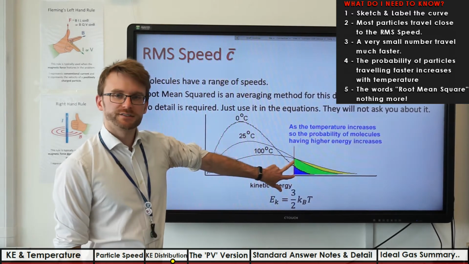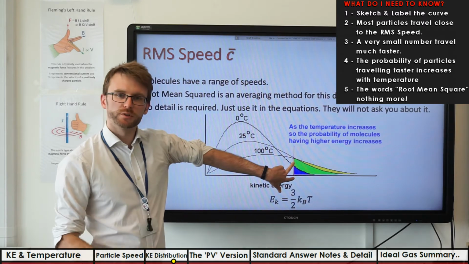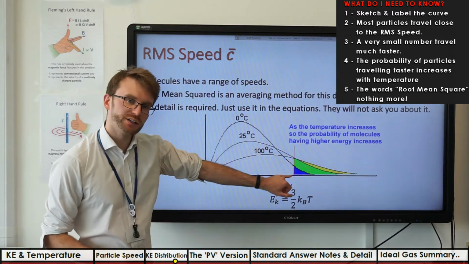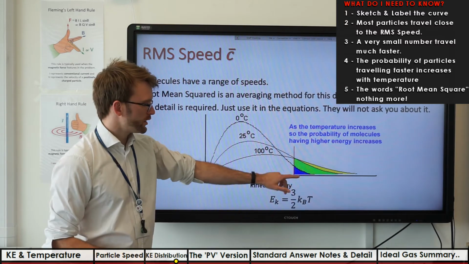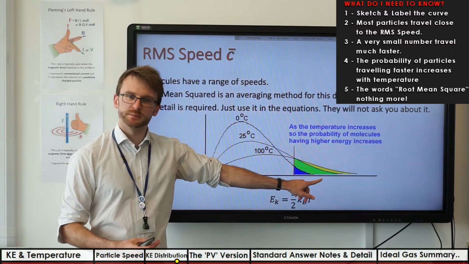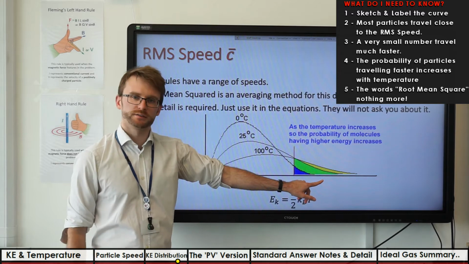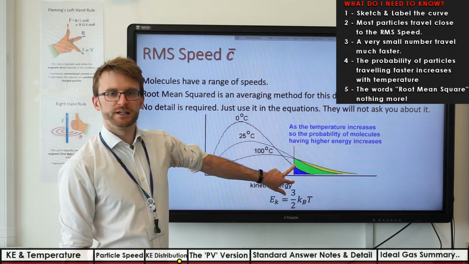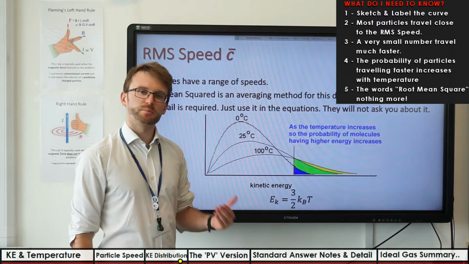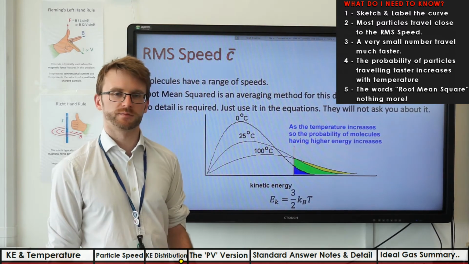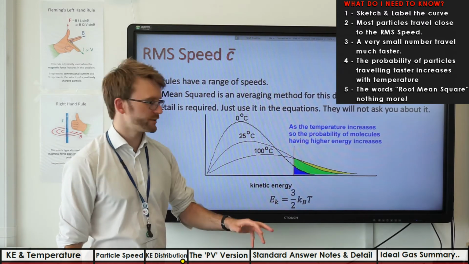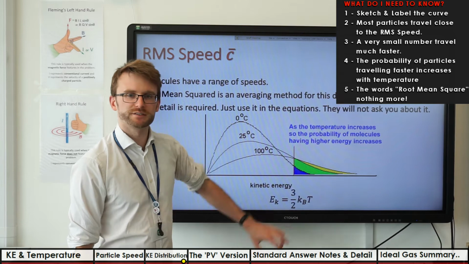For any gas, there will always be a small number of particles that possess very, very high energies. There is a finite probability at any temperature that the particles will have a very, very high speed, much, much higher than the RMS. The chance of it doing so is unlikely, but as you increase the temperature, that probability increases. There are various standard answers that come up across Unit 5 and 6 which rely on this fact.